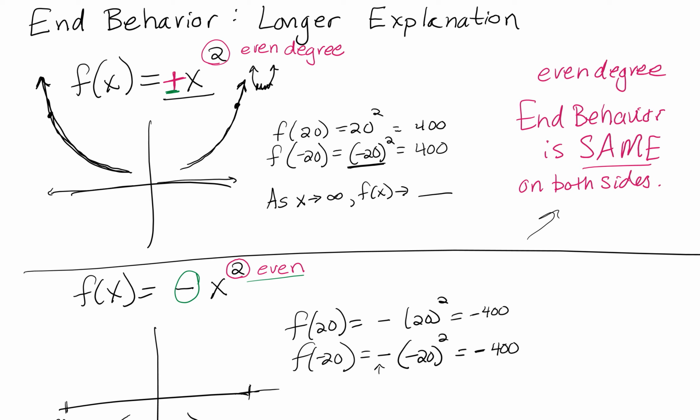So what this is saying is, as x gets bigger and bigger, so 20, I plug in 20, I plug in 50, I plug in 100, what do those values of the function or the y values do? Do those get bigger or do they get smaller? As in, do they go to the positive direction or negative direction for our y values?